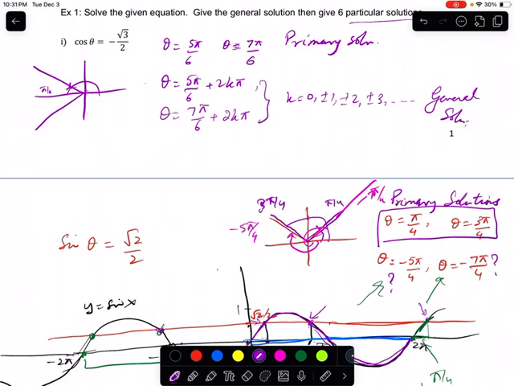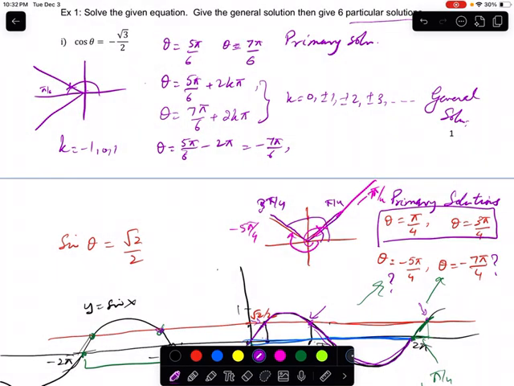And now we have to give 6 values. So again, as we did before, we can say let k equal to negative 1, 0, 1. So we get theta equals, from the first one, negative 5 pi over 6 minus 2 pi, which is going to be negative 7 pi over 6.